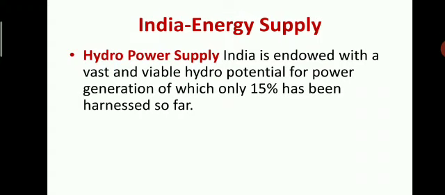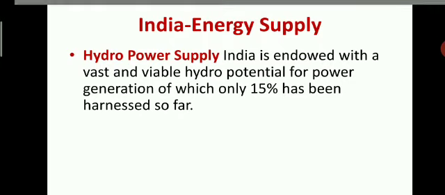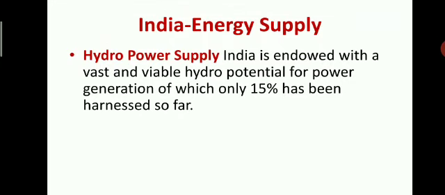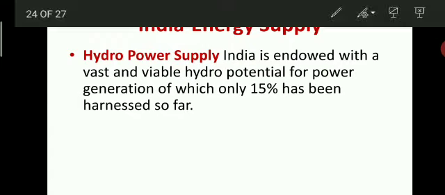Nuclear power energy. Hydropower supply. India is endowed with a vast and viable hydropower potential for power generation, of which only 15% has been harnessed so far. Hydropower stations in Maharashtra are available. Koyna Nagar at Koyna will have that hydropower.